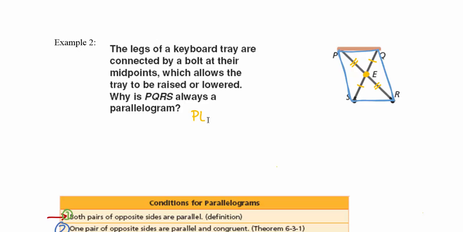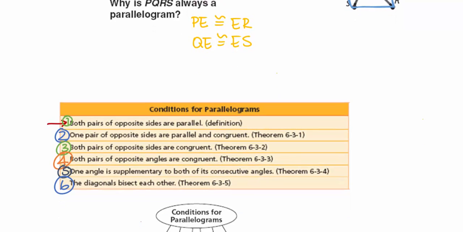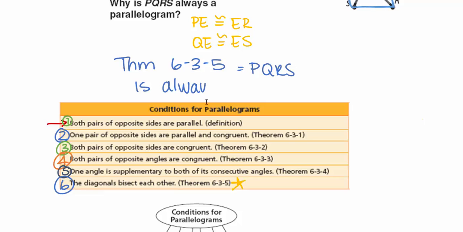So we know that from P to E is congruent from E to R, and Q to E is congruent from E to S. So if we look back down here at our rules, it's this guy right here, theorem 6.3.5. So we can say by theorem 6.3.5 that PQRS is always a parallelogram.